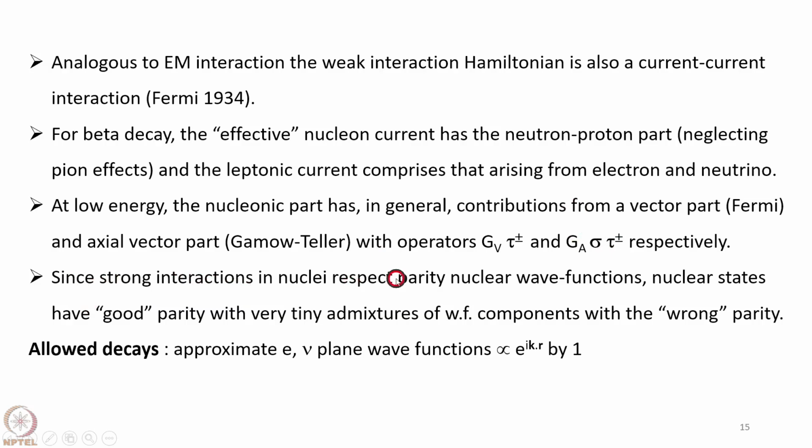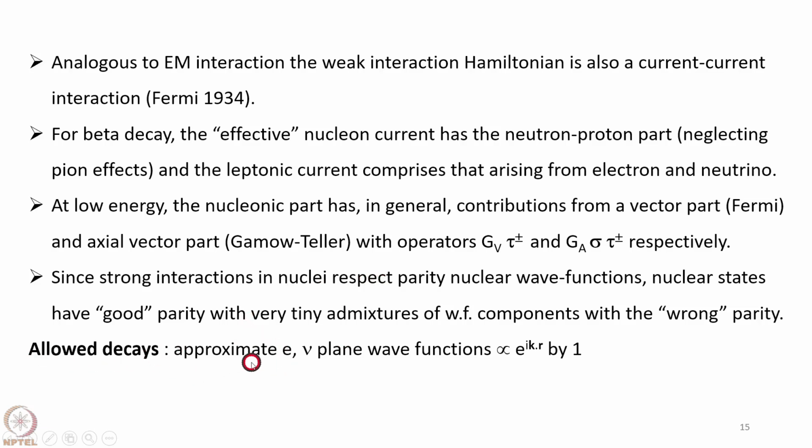Now, since strong interactions respect parity, the nuclear wave functions, the initial and final states, actually have good parity with very tiny admixtures of the wrong parity components. On the other hand, the electron and neutrino do not exhibit good parity, and that's how you get the V minus A interaction, so the leptonic current doesn't respect parity, but the hadronic part does.